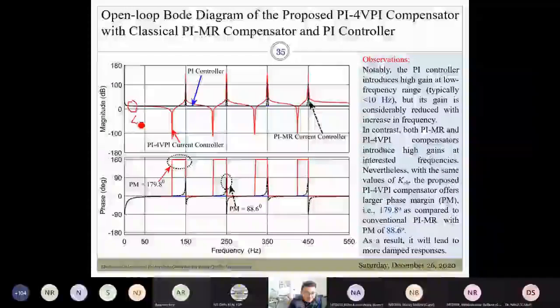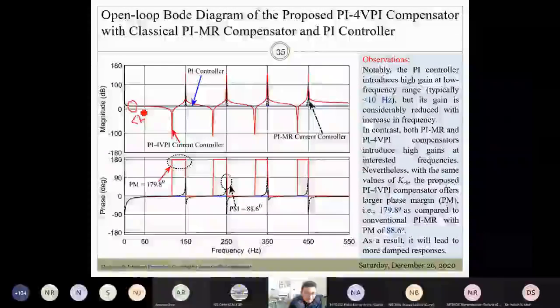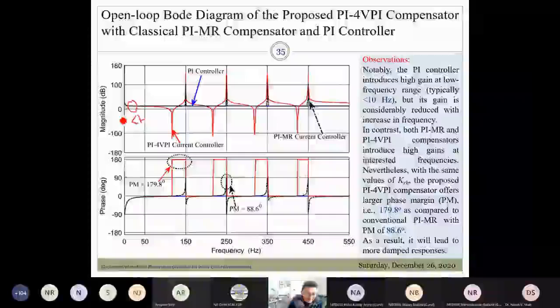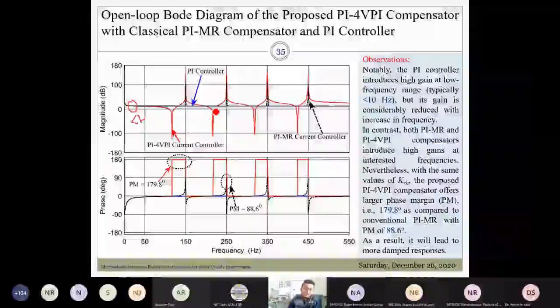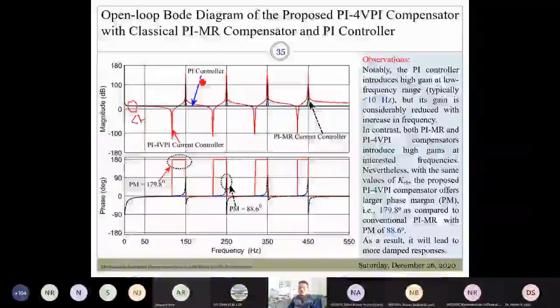What does it mean? Less than 10 dB. You can see here that when the magnitude is less than 10 dB, it introduces high gain. But as the frequency increases, the gain offered by the PI controller reduces drastically. So the PI controller cannot be used to attenuate the high order harmonic components.